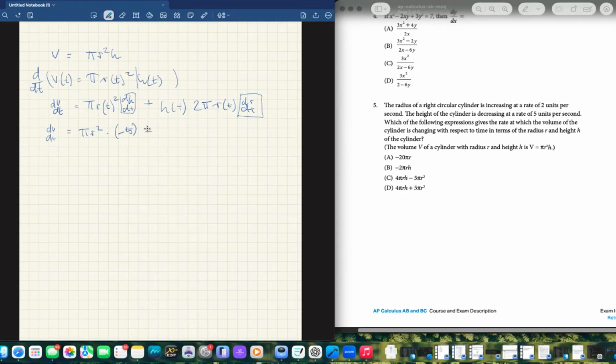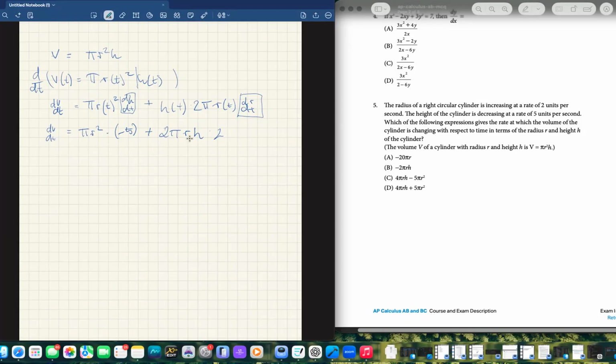And then the second part is going to be, let's order this in the normal way here, 2 pi r h, right? 2 pi r h. And then this is the rate of change of the radius. That's 2 units per second. All right. Now we pretty much have everything in place.